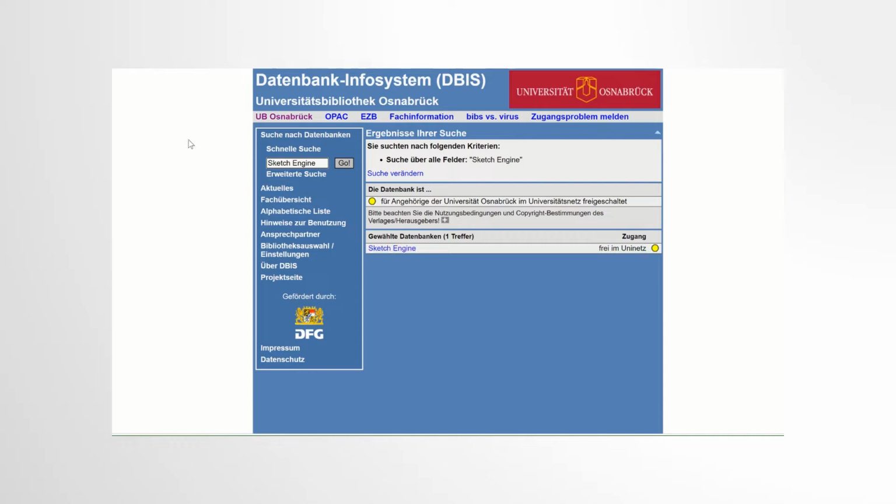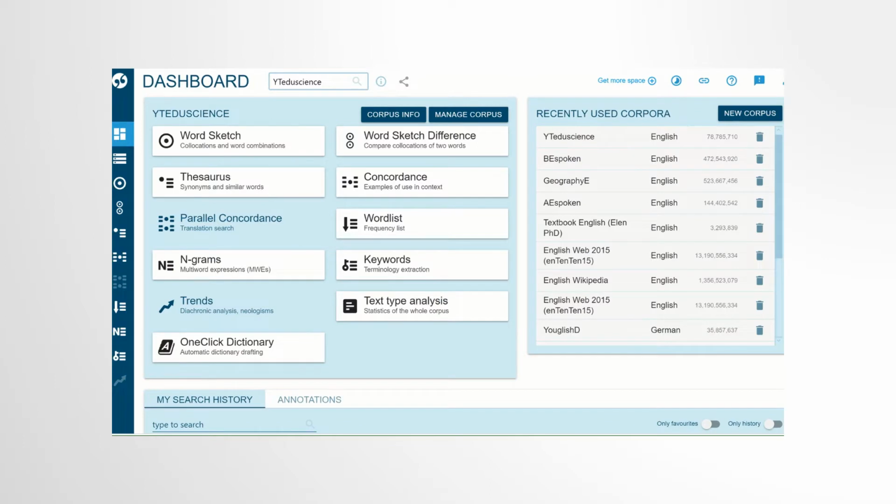I need to access the Sketchengine via its homepage, which is www.sketchengine.eu. And this should take us to the dashboard page, which gives us an overview of the various functions that Sketchengine offers for investigating language.